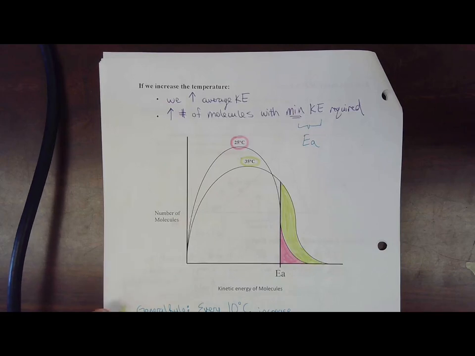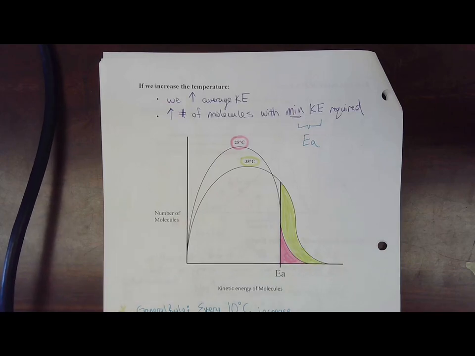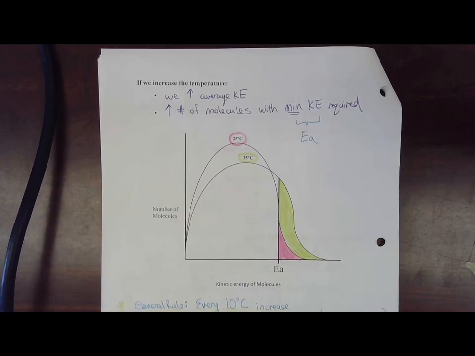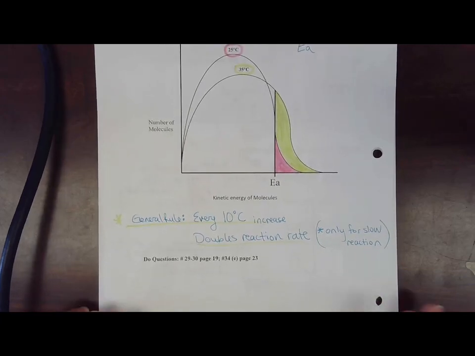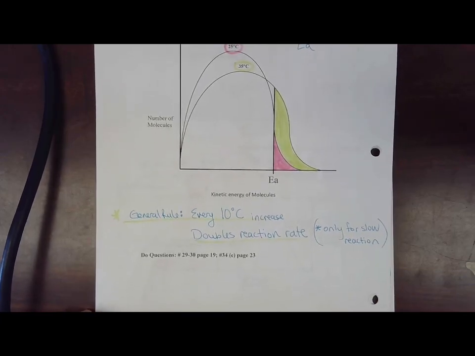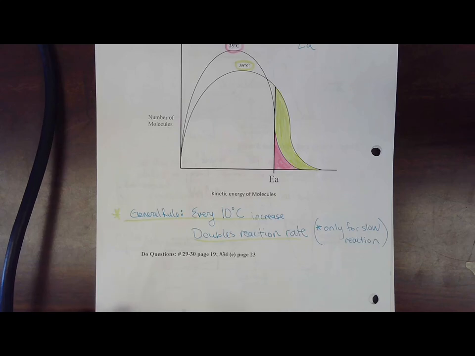We have enough molecules over the line. The reaction will take place. So then we can say, as a general rule, and it depends on other factors, that if we have a 10-degree increase, the reaction rate will double.